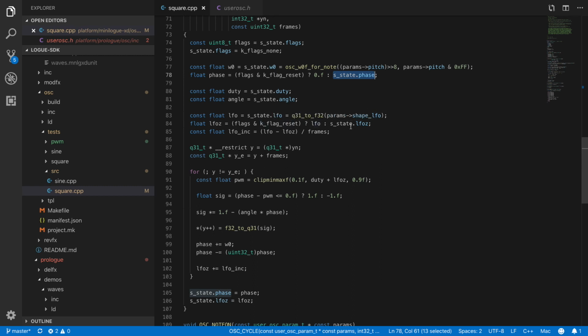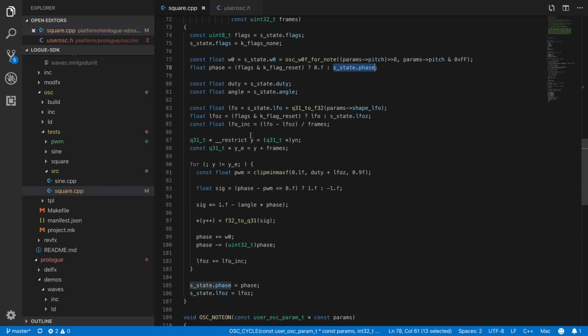If not, take the LFO amount from our state and put this in the LFOZ variable. Then compute the LFO increment, which is the difference between the LFOZ and the LFO divided by the number of frames. So this means per cycle of a single sample.